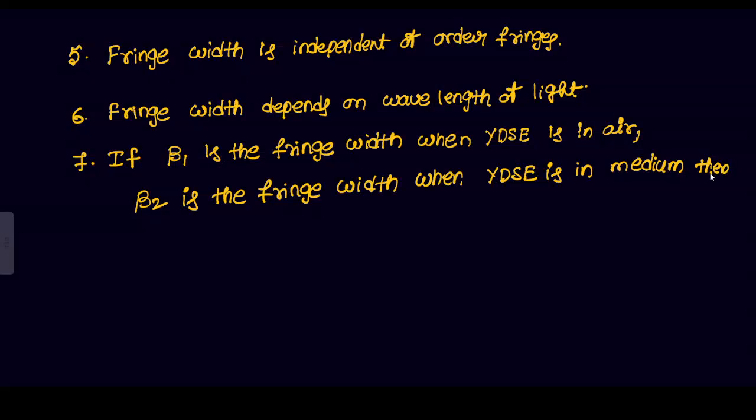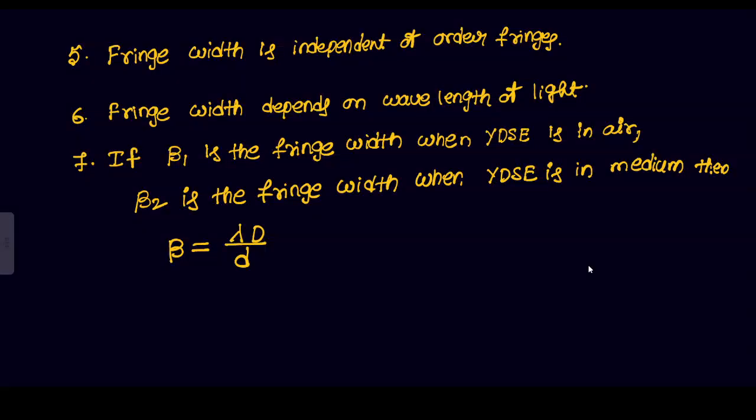So here the fringe width is given as beta equal to lambda D by d. If you move to some other medium, what happens to lambda? Will lambda increase or decrease?